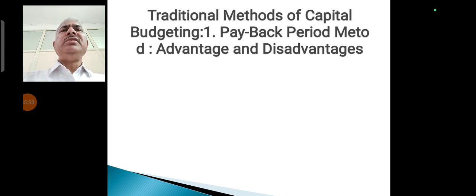It treats each asset individually in isolation from other assets, which is not feasible in real practice. Given these limitations, this method can be used in evaluating the profitability of short-term and medium-term capital investment proposals.